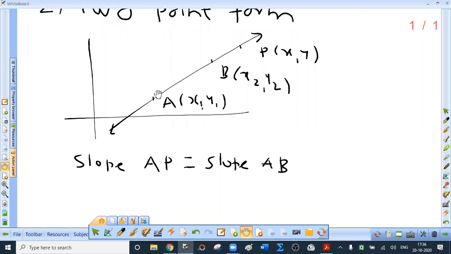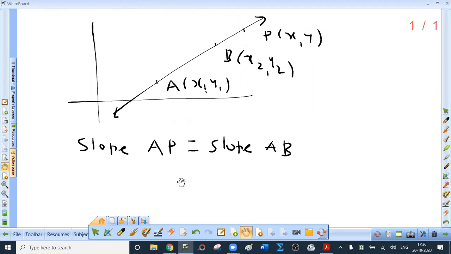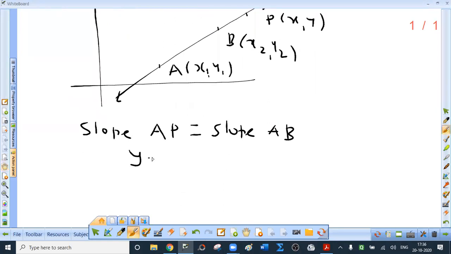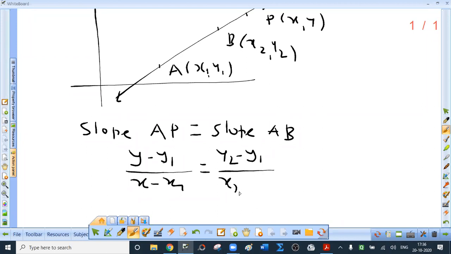Slope is nothing but difference in y coordinates upon difference in x coordinates. Therefore, this gives me (y minus y1) upon (x minus x1) equals (y2 minus y1) upon (x2 minus x1).